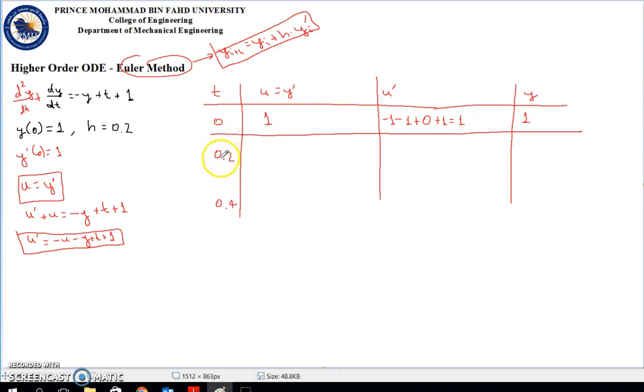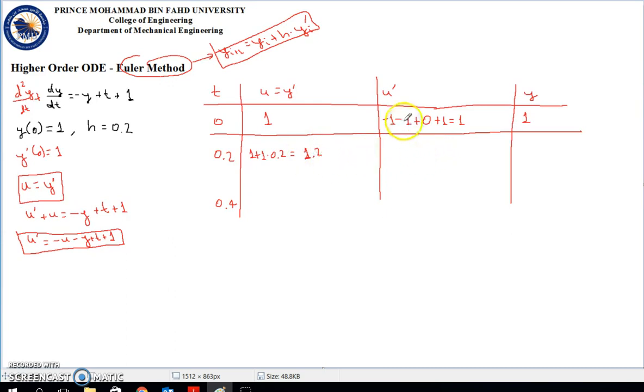At t equals 0.2, we need to calculate u. So u will be the previous u, so 1, plus the slope at the previous time, u prime, that's 1, times the step, 0.2. So that equals 1.2. Alright.